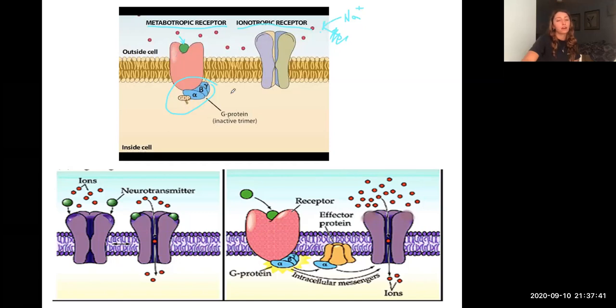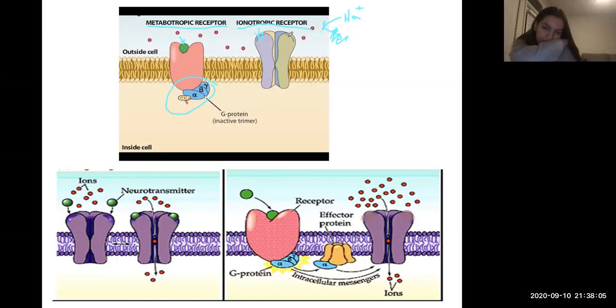Okay. So the sodium channels that are opened as a result of reaching threshold, those are ionotropic receptor channels. The neurotransmitter connects to these little things right here. It doesn't really show it, but it shows it more down here.